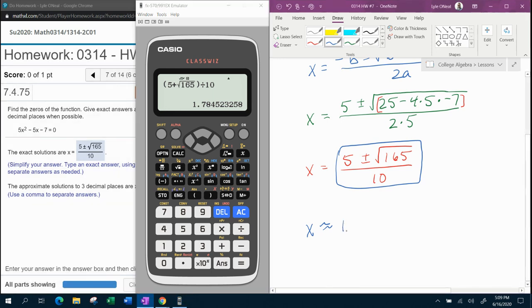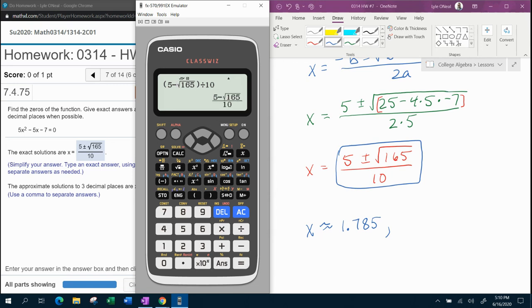So that's going to be 1.78. Look at the 4. What's right after the 4? A 5. And so that means that 4 is going to round up to a 5. Then to do the other answer, we need to back that train up. Instead of the plus, we need to do the minus, and hit equals.